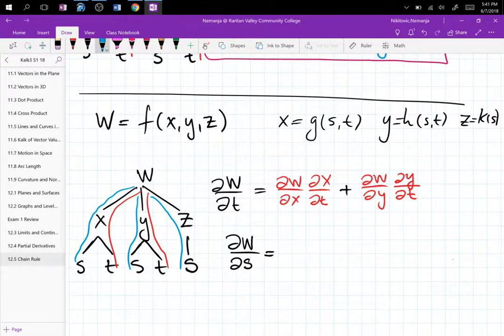As you can see, we have 3 S endings. Therefore, we have to have 3 blue branches that connect 3 S's on the bottom to a W on top.